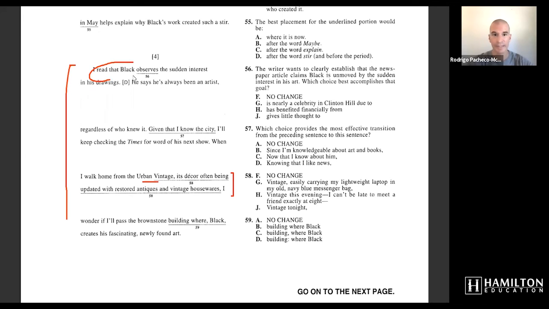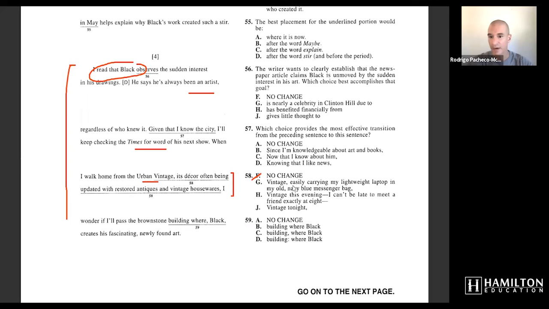And this really is about the artist, his art, and the narrator coming to discover this artist, right? So this description about the Urban Vintage is unnecessary. It's too much detail for this one thing. So we can eliminate F.